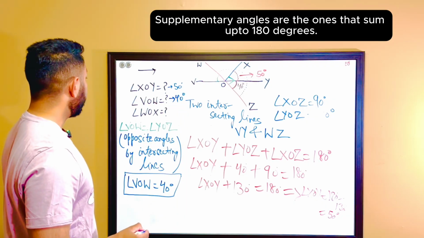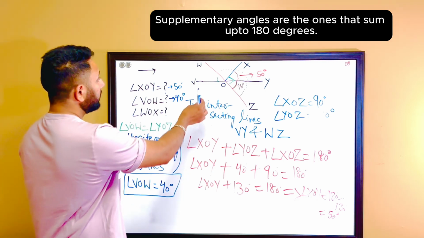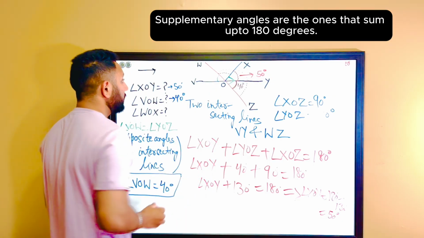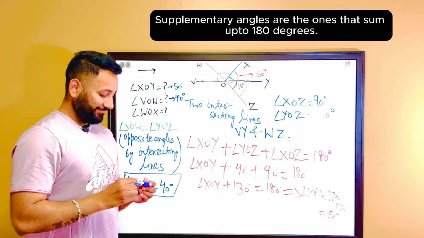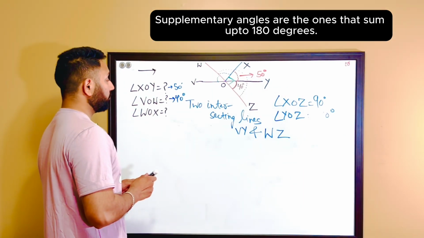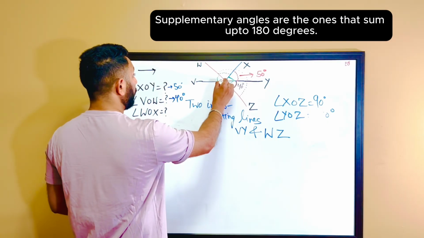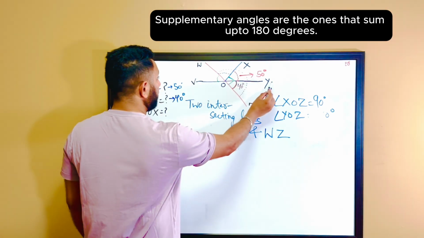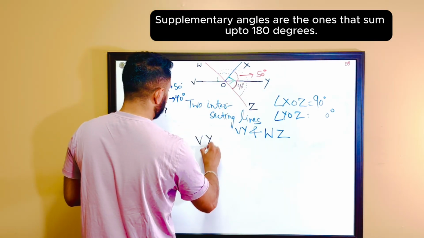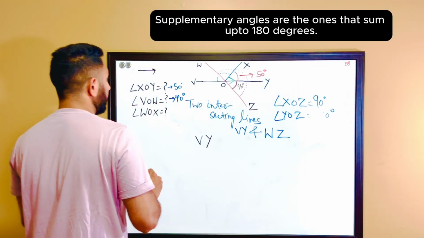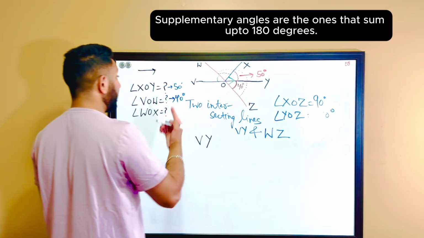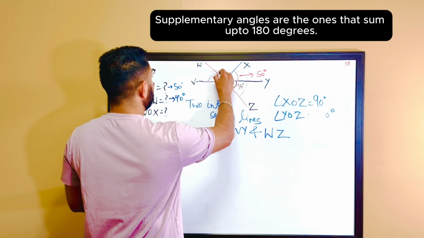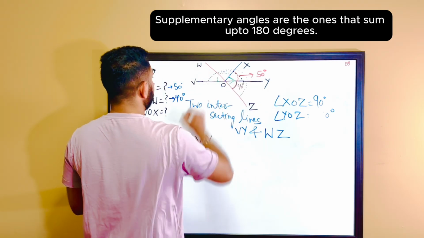So now we're gonna find out WOX, this angle. In order to find WOX, consider this line VY, which is an intersecting line. So we know that the angle made by a straight line is 180 degrees. That means this whole angle is 180 degrees.